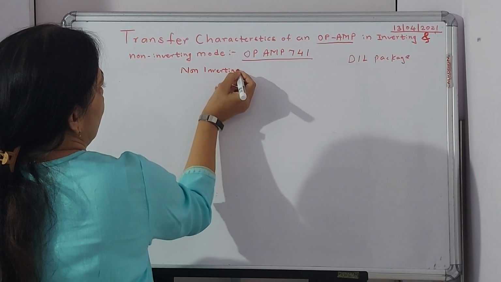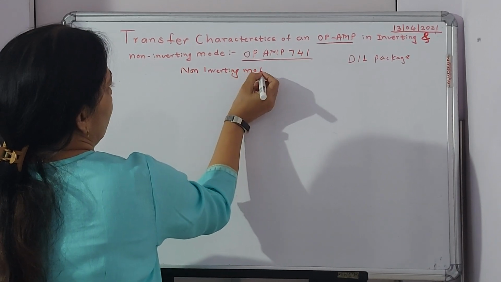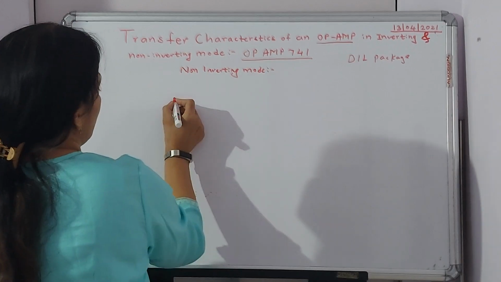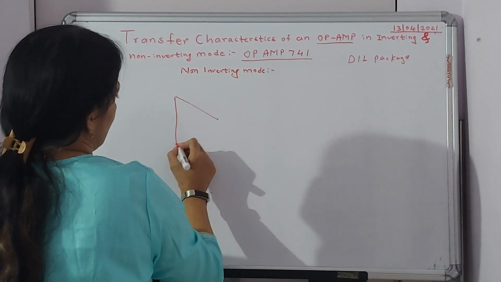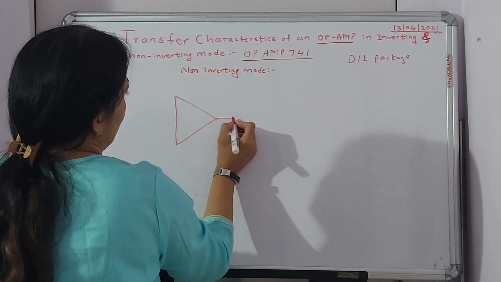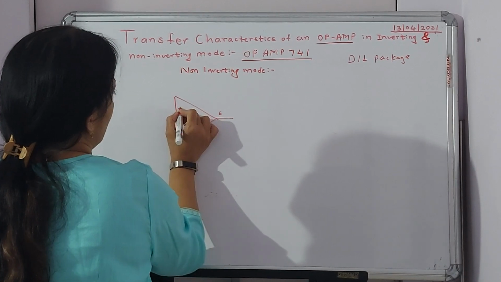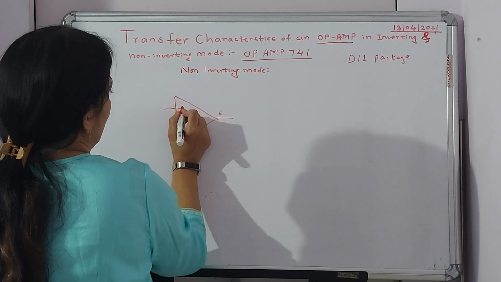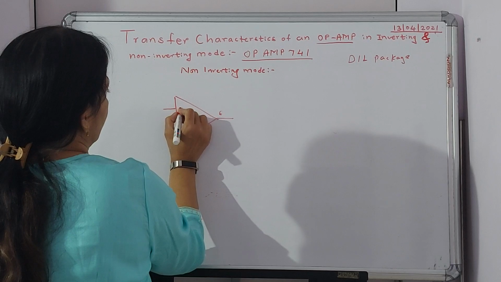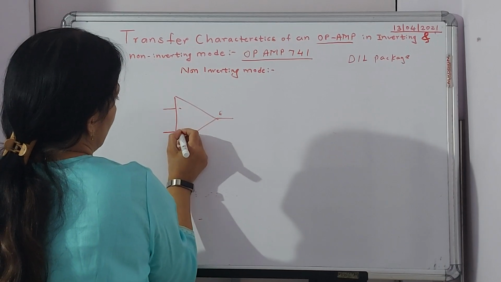Non-inverting mode. In this mode, the diagram is like this. This is pin number 6. This is plus.